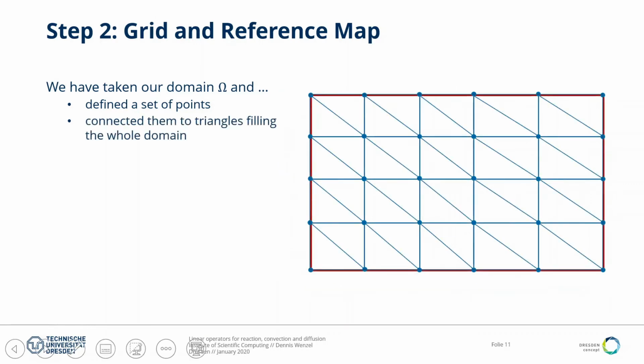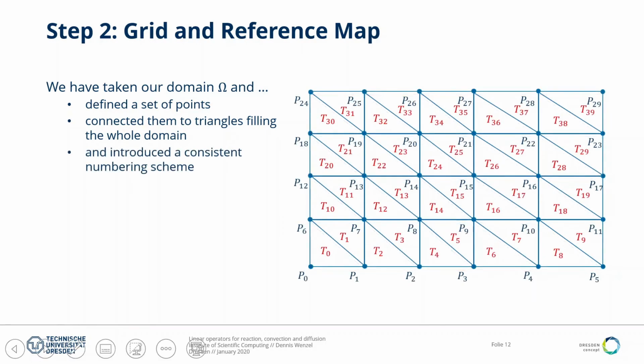From those points, we have connected them to triangles, and important here is that those triangles fill up the whole domain, otherwise we're forgetting something, obviously. And then what's also important is we've introduced a consistent numbering scheme. Consistent means that this numbering scheme includes certain information.